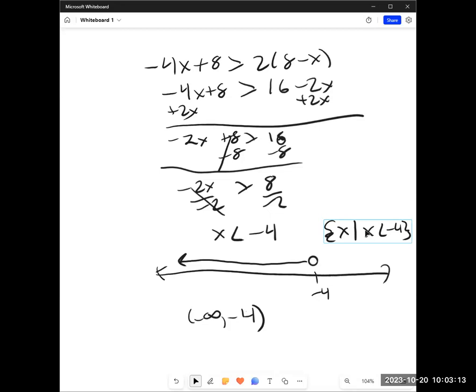So if you're confused how I was writing it in interval notation, come back for the next video and I'll explain that a little bit more in depth.